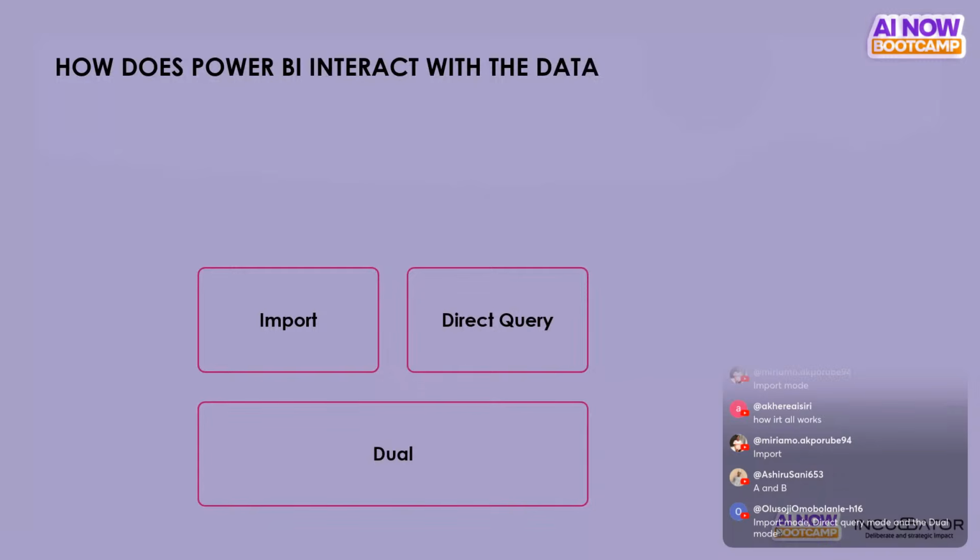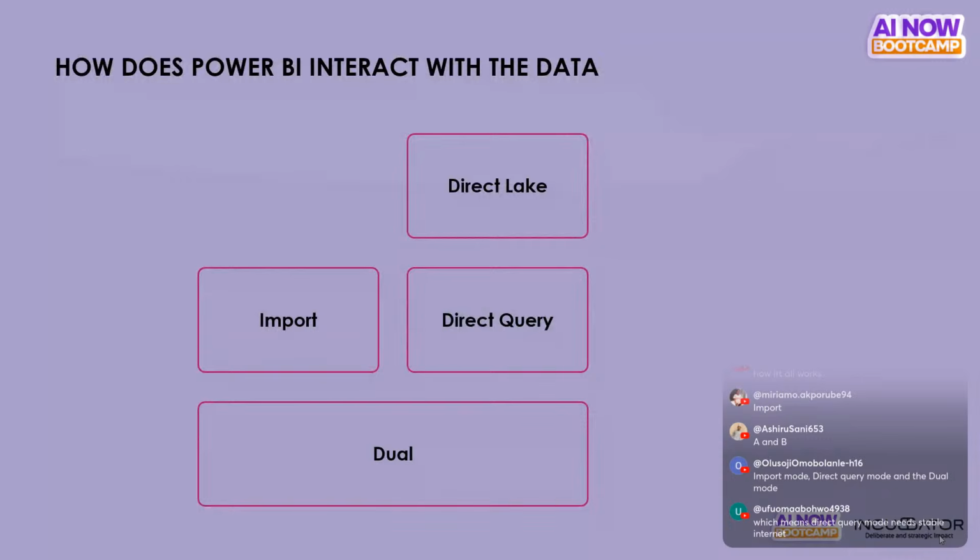There's a final one which is similar to what I've explained, and that is direct lake. Now, remember, you have different data sources: on-prem, cloud, hybrid, and all of that, right?